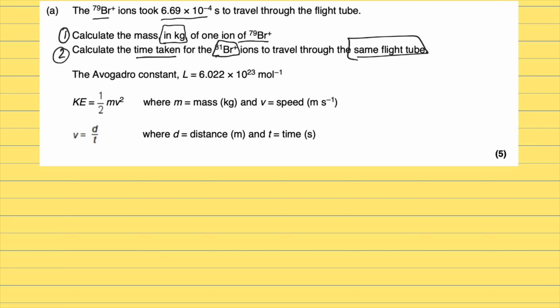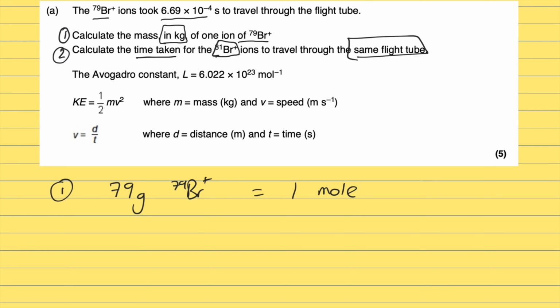And then we're given some information that we'll need to use. So step one is to calculate the mass in kilograms. We do that exactly as we did in the previous one. We know that 79 grams of 79Br+ is 1 mole. So we only want to work out the mass of one atom, so we need to divide by Avogadro's number, but also look at the question.